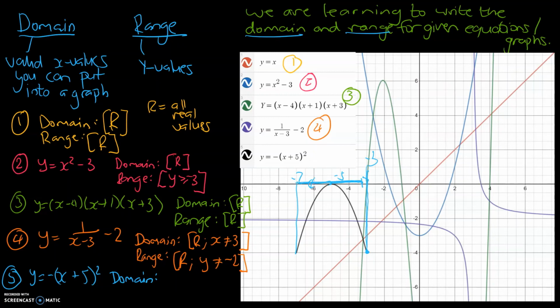So that means our domain, or our x values, are only valid for values that are between and including -7 and -3. So any value beyond -3, there is no corresponding point on our graph. And on the other side of it, any values less than -7, there are no values that represent that graph.